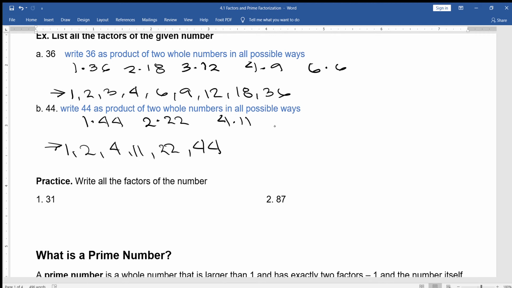So let's list all the factors of 31. Well, we have the easiest one, 1 times 31. Is there any more numbers between them? Nope. We cannot divide 31 by anything else. So the factors of 31 are simply 1 and 31. How about 87?